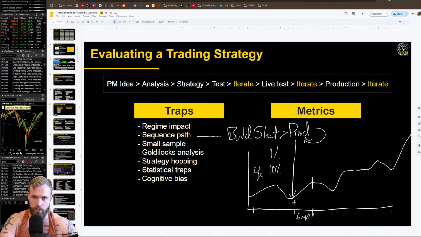This is what I'm going to do. This is path. Path will catch everyone, literally everyone. If you stay in the markets, path will catch you.